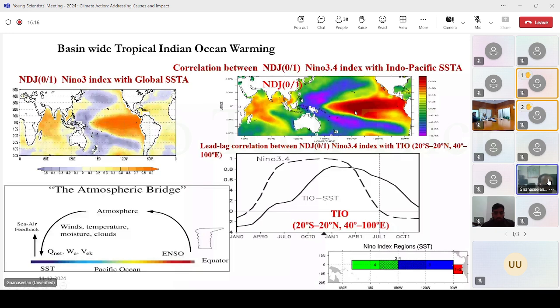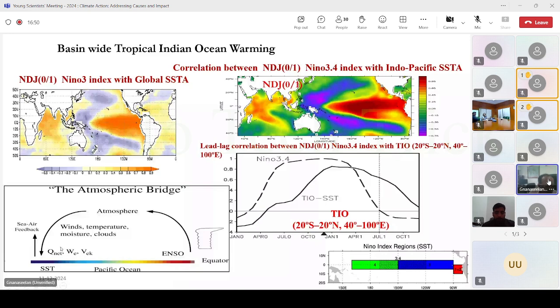So they provide a similar pattern, suggesting that the first mode of variability is mostly explained by the El Nino Southern Oscillation. Through the atmospheric bridge, you have convection in the Central Pacific and subsidence in the Indian Ocean region, which suppresses convection, and the shortwave radiation will increase.